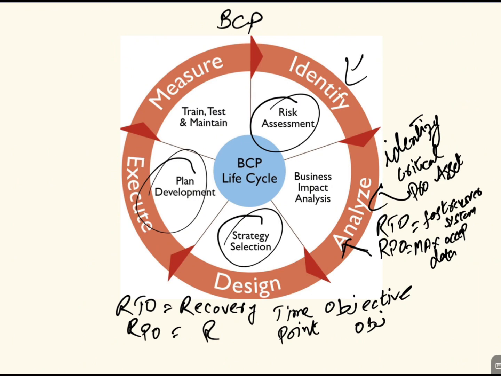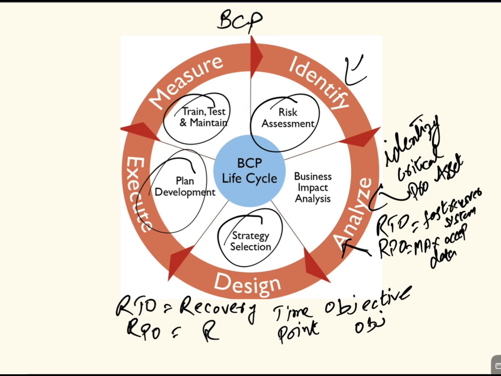The last one, phase five, is maintain, test, and train. Ensure plans actually work. Activities: testing, tabletop, simulation, full test, training and awareness, continuous improvement. And so the key distinction here: risk assessment identifies threats, BIA identifies critical assets and defines RTO, RPO.